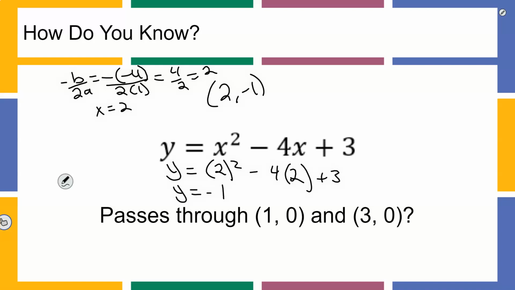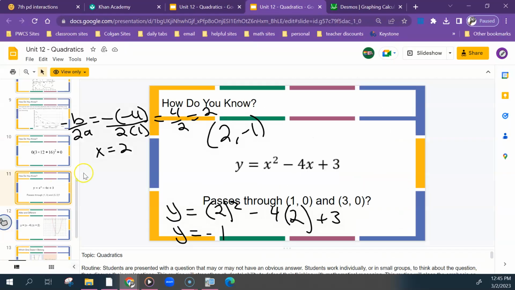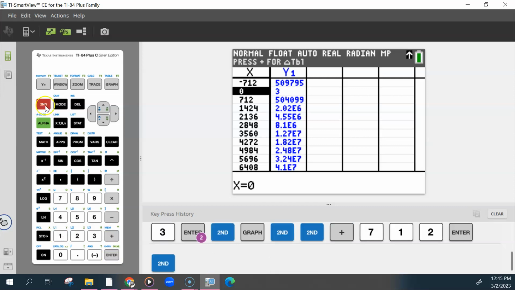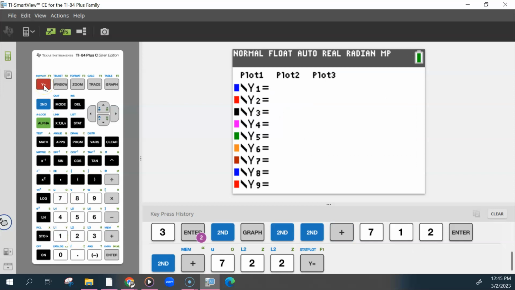Julia? I put it in the calculator. Okay, so let's do that. Just pull up the table and the graph, two different methods. Let's pretend I didn't already do that. There we go. Okay, put it in how?